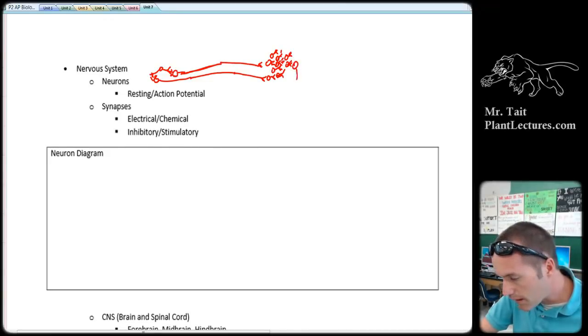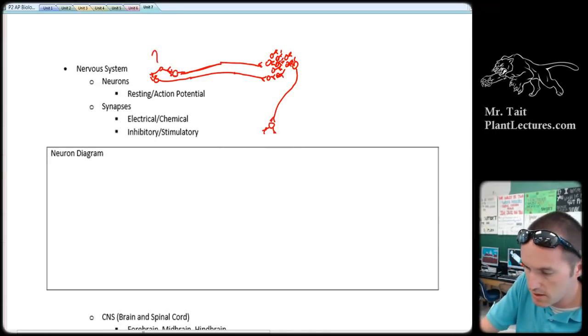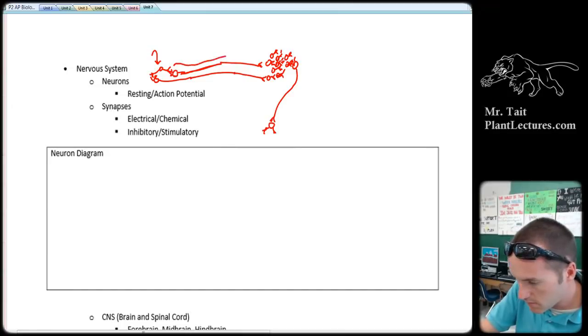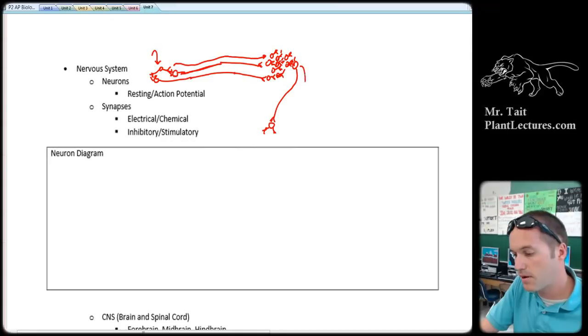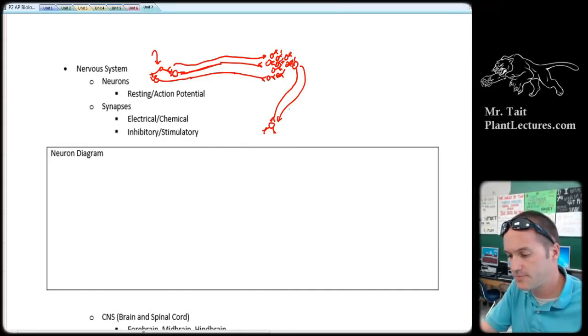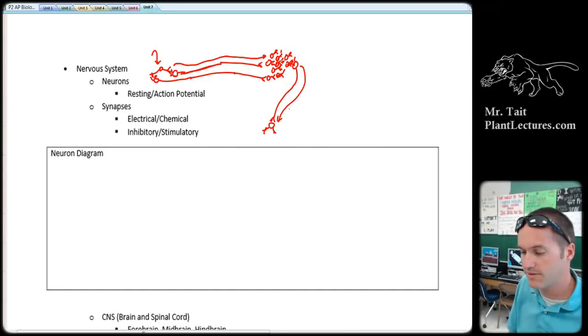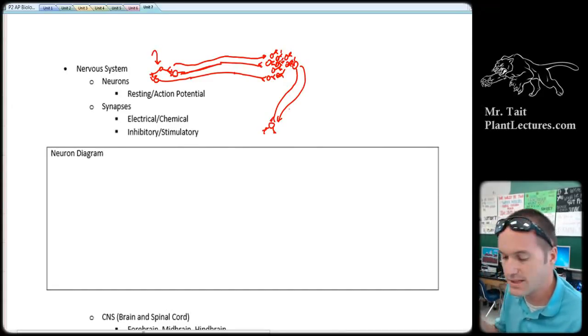It's going to send this signal out to an interneuron, and that interneuron then is going to send that signal to a motor neuron, right? So the sense comes in here, it then sends this through interneurons to some space where it's processed, and then that processing signal gets sent out to a motor neuron that then changes your behavior in some way. It flexes a muscle or does something else.